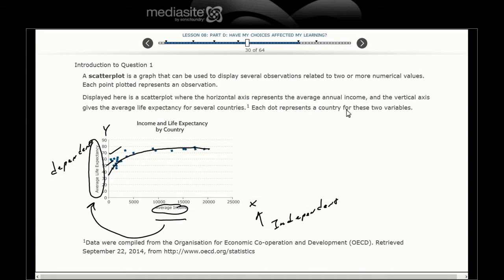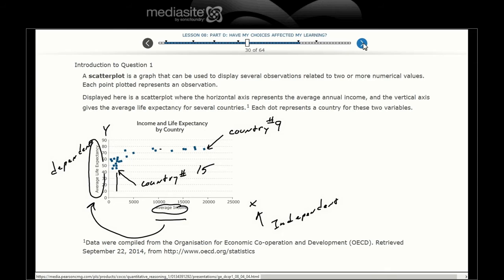Each dot represents a country for these 2 variables, which means this dot here maybe is for country 1 or country, say, number 9. About $20,000, they live about 77 years, while that one is country listed number, I don't know, 15.